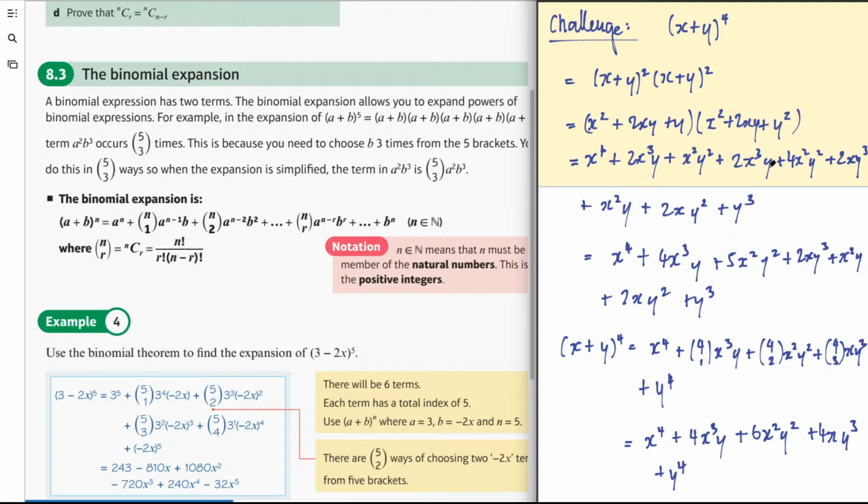Then 2x cubed y, that's fine. Then 2x squared y squared, that's okay. And then 2x y cubed, fine as well. Last one, x squared y is okay. 2x y squared, and then y cubed. Alright, I don't see any mistakes. It must have been with the simplifying.